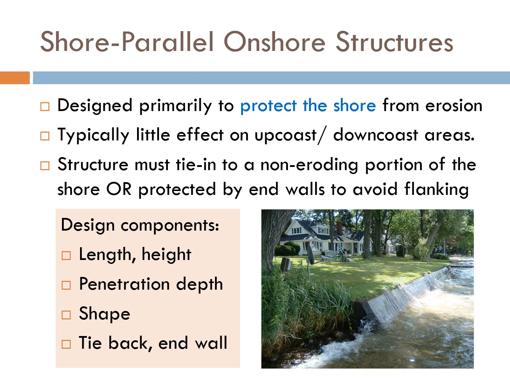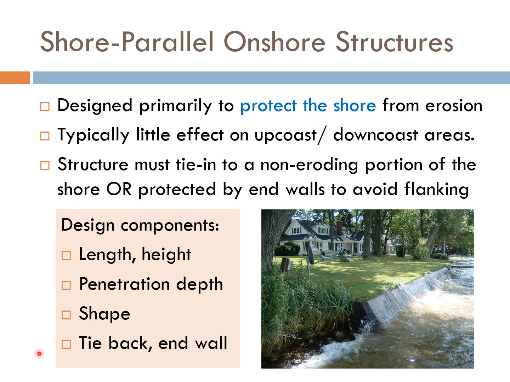Shore parallel onshore structures are designed attached to the shoreline. They are used primarily to protect the shoreline from erosion and typically have little effect on the up coast or the down coast areas.